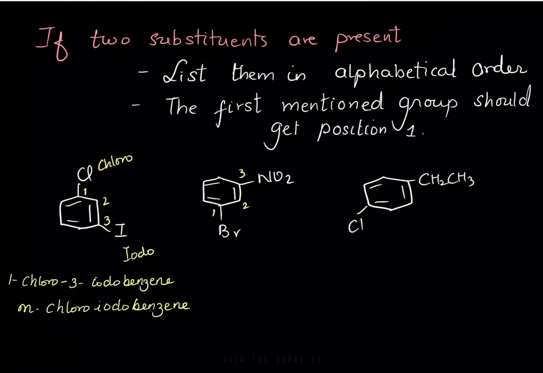And therefore it's going to be 1-bromo-3-nitrobenzene. Or you can also call this again as meta. So instead of writing the whole word meta, you can also use just the first letter, which is m-bromonitrobenzene.